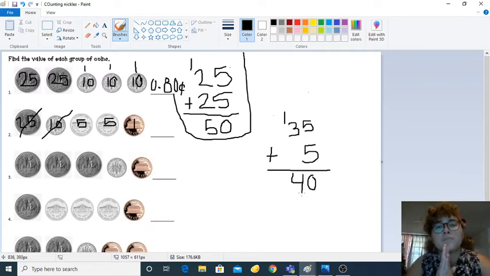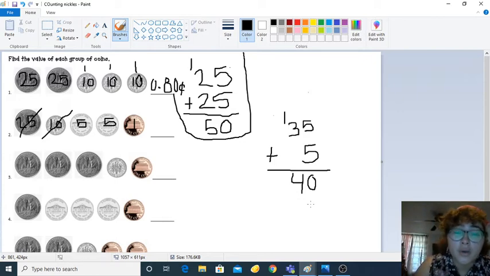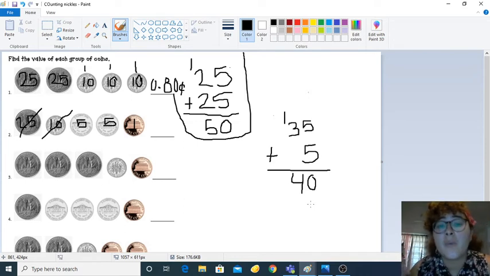Now, again, this is another one of those things that you can take in 2 ways. You can either do the same method we just did and add this nickel by putting the 5 down here, which I'm going to do just to demonstrate to you. But your other option that you're always going to have is to use one of the methods we already studied. The same way we have counted by 10s, we've counted by 5s.